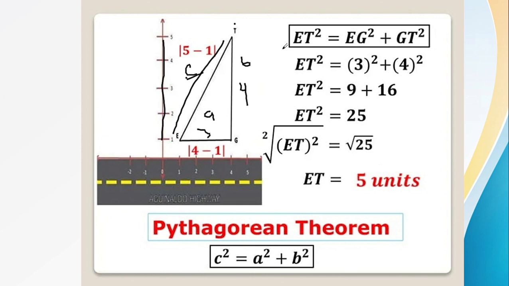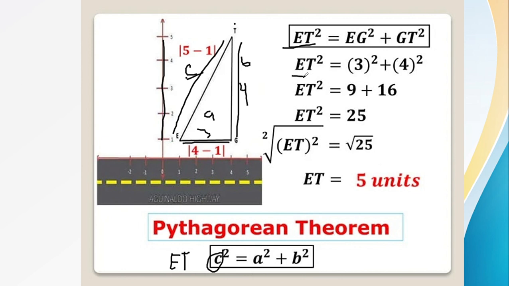But since we have squared, we replace c with ET, A with EG, so E to G squared, and B with T to G squared, or G to T squared.